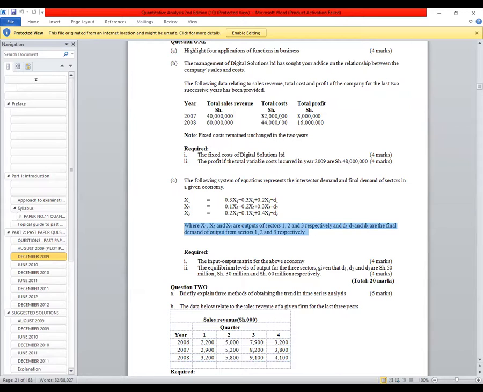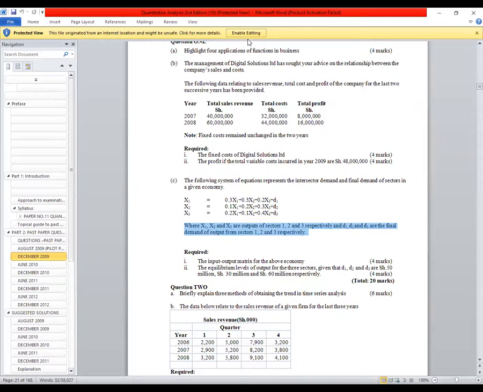We have year 07, with total sales revenue, total cost, and total profit. Then they tell us something quite important which shows we are dealing with a straight line equation: note that fixed cost remains unchanged in the 2 years.